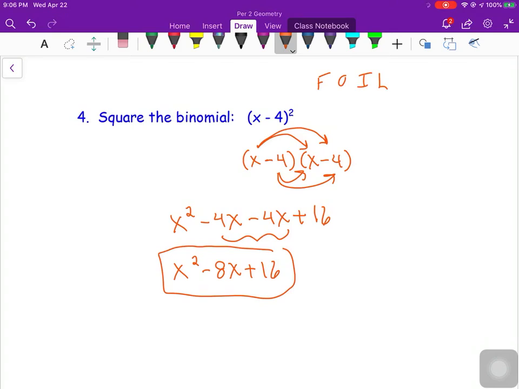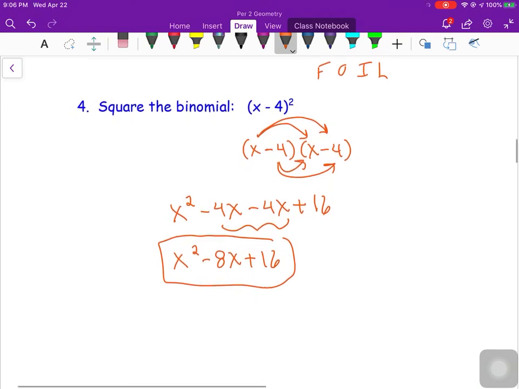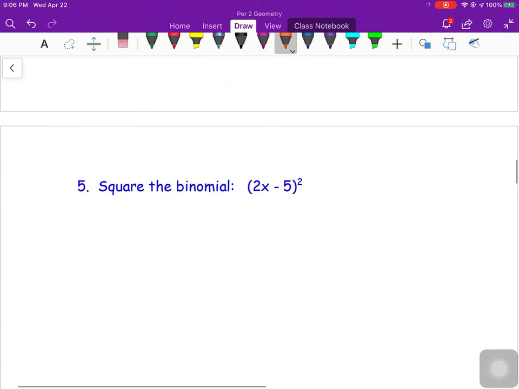Let's try a squaring of a binomial where we have a leading term that's not just an x. It's done in exactly the same manner. If we wish to square a 2x minus 5, it means we have a 2x minus 5 times a second 2x minus 5. That's what squaring means.